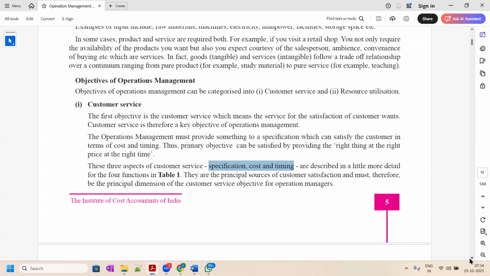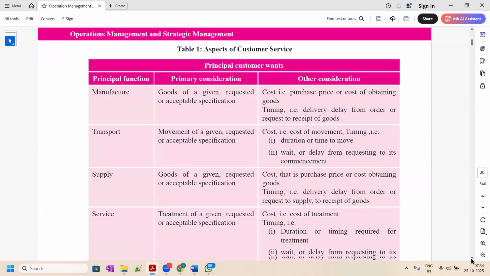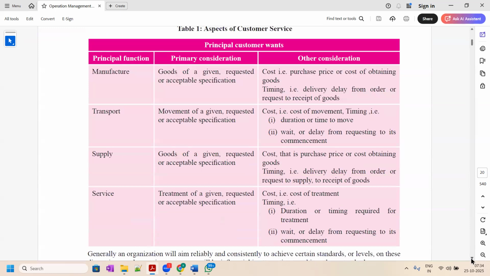Now we'll go further and discuss the aspects of customer service, the functions. The first function is manufacture. When we talk about manufacture, we basically talk about products only. We are not going to manufacture services.